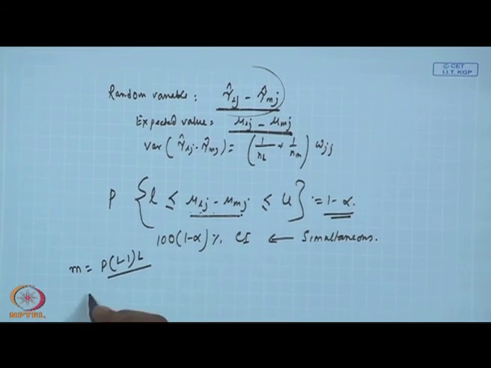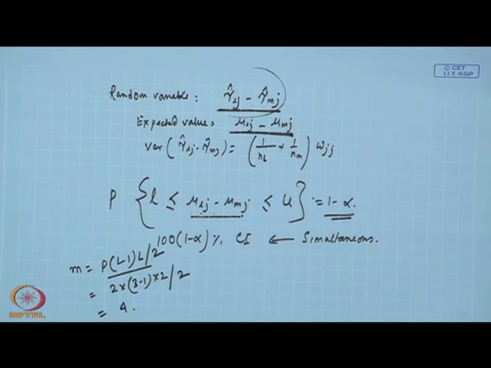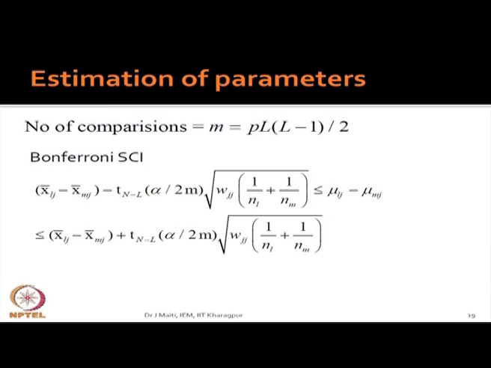In our case, p equal to 2, L is 3, so L minus 1 is 2, 3 into 2 divided by 2, and 2 into 3 is 6.